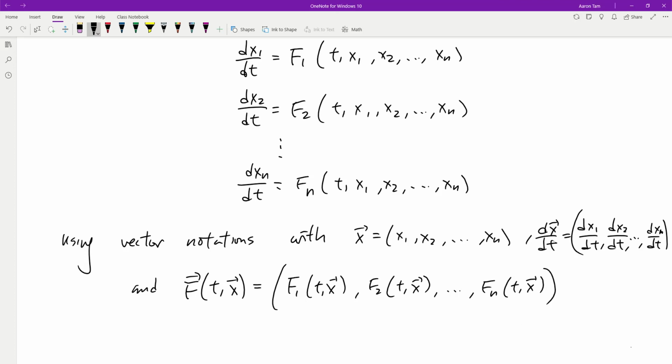Then this entire system would just come down to one very simple equation.